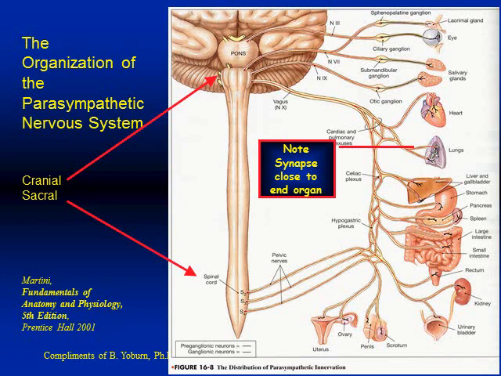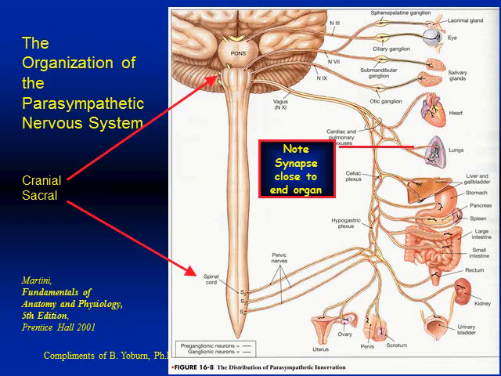The salivary glands, for example, the heart, the lungs, the internal viscera in the abdominal region, such as the liver or the stomach or the pancreas, the reproductive organs, the kidney. So the effect of parasympathetic innervation is going to have global effects.